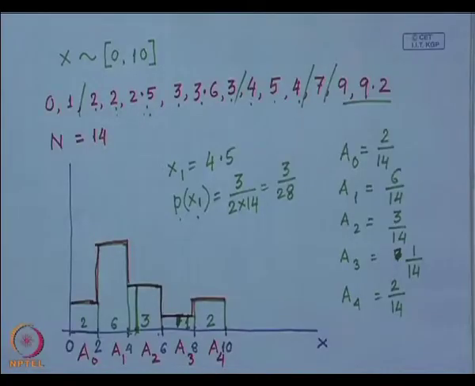Now, having done this, the other problem that one has to face is what should be the width of the bins. Okay? Depending upon the width of the bins, the number of bins will be different, because I have a fixed range of the variable x, and in this example the minimum value of x is 0 and the maximum value of x is 10.